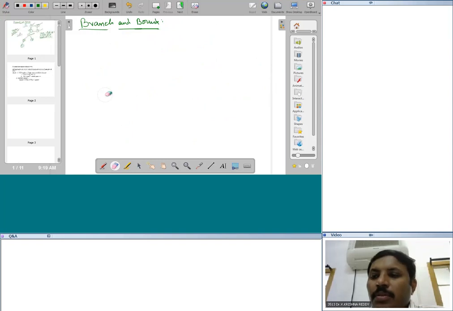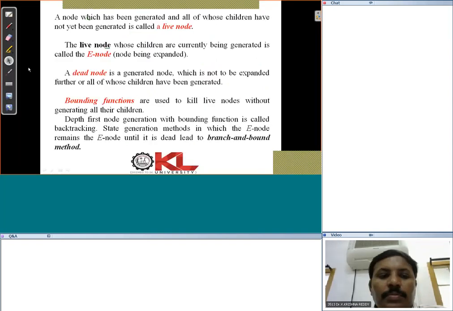Okay, we will move to the basic concepts. I hope everyone is clear with these definitions. A node which has been generated, but whose children have not yet been generated, is called a live node.